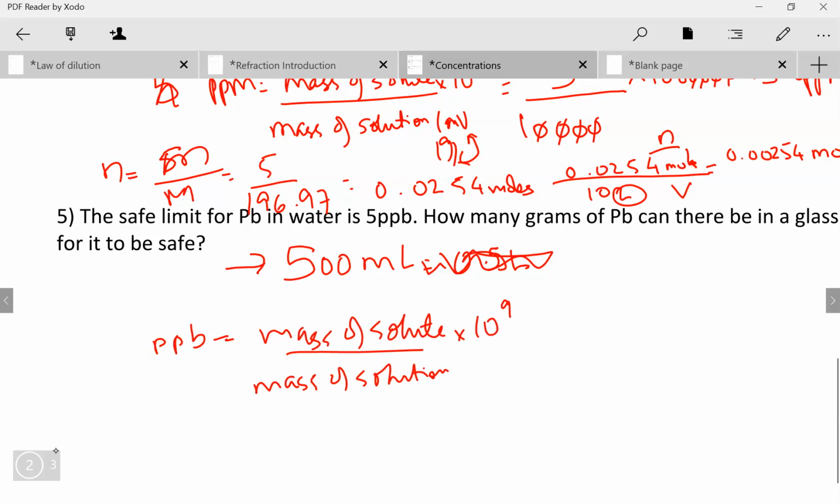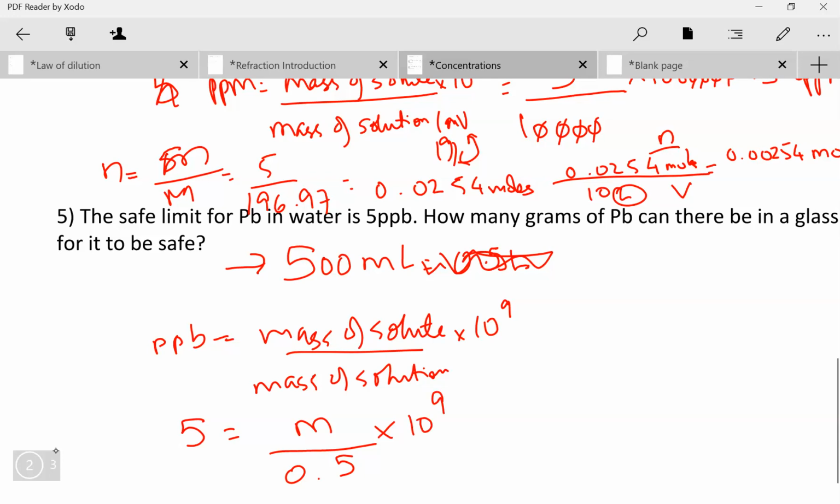And therefore, we are given our parts per billion to be 5. Mass of solute we have to find, so how many grams of lead, so we're going to leave that as m. Our mass of solution is 0.5, and then we have to multiply this by 10 to the power of 9.